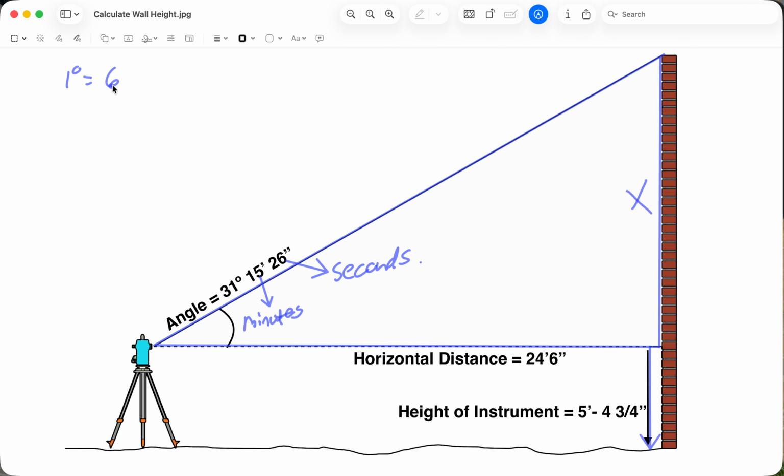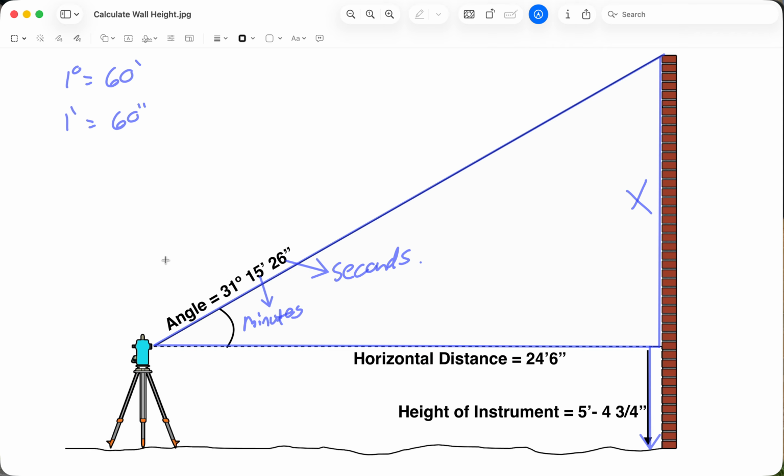Within each degree, 1 degree equals 60 minutes. That's how we write it, just like the feet number. And within each 1 minute, there are 60 seconds. Okay, so same notations as feet and inches, but they mean something different in this case because we're dealing with an angle.